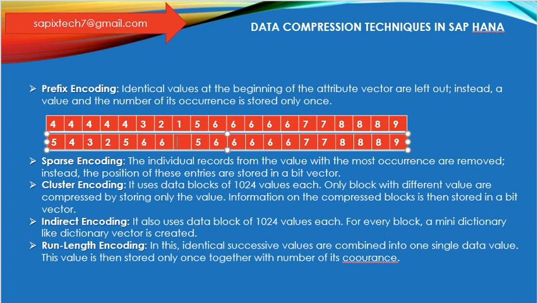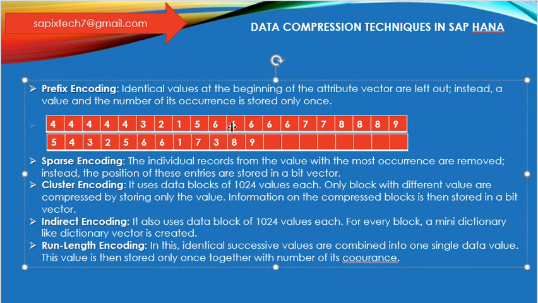Now, how many 7s? 1, 7. How many 8s? 3, 8. And after that, we have a 9, no record. So this way, data is compressed in prefix encoding.